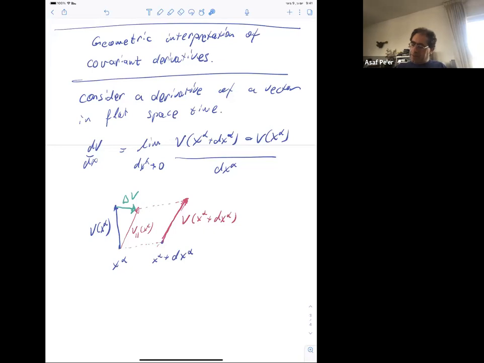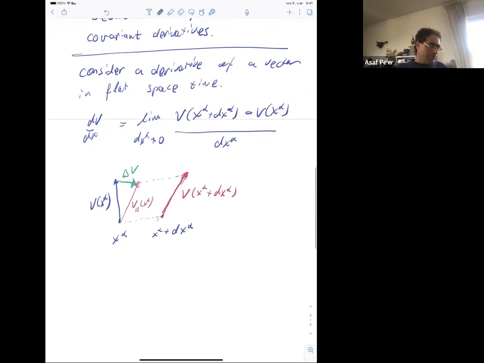It's an infinitesimal displacement. The space is flat, in Euclidean space. No issue. But the important thing to remember is that you did two operations. You first did a parallel transport. We're going to touch that shortly.